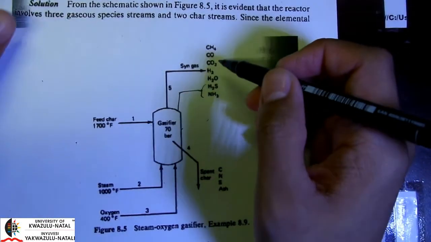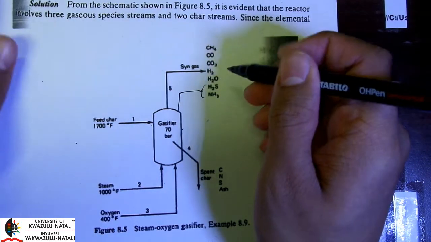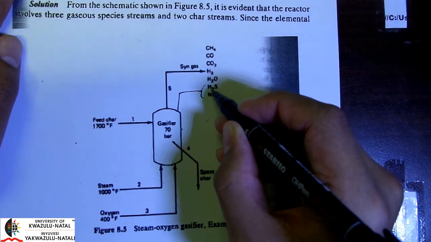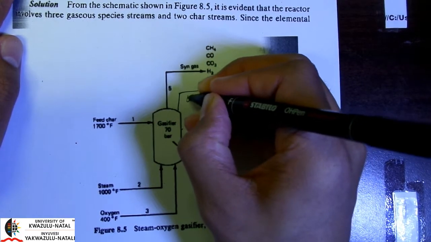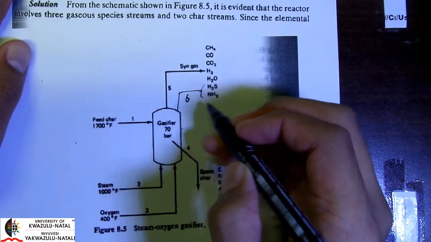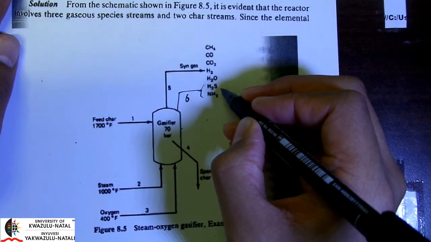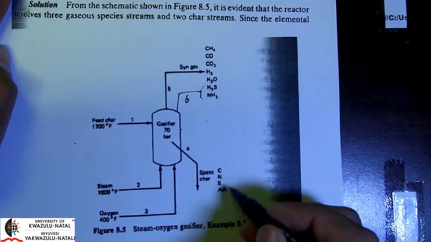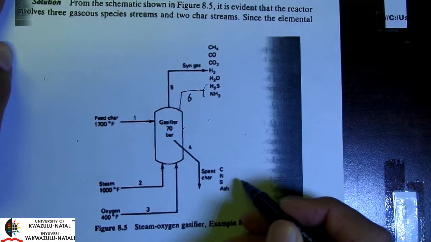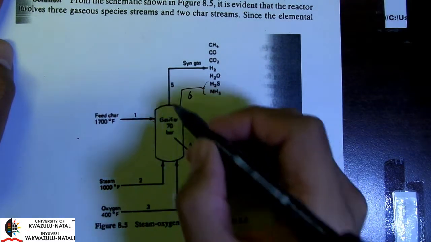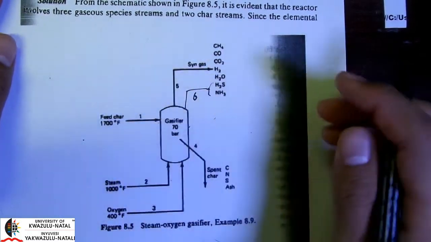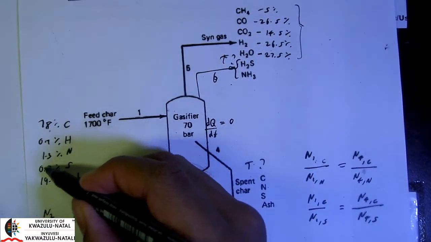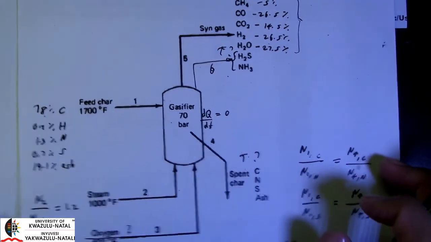So in terms of our sulfur, if we want to start with our sulfur, we have sulfur in our output here in stream 6, our fictitious stream 6, 1 mole of sulfur in 1 mole of H2S, and we also have sulfur coming out in the char as well. And we have our inputs. We have sulfur coming in with the feed char. And that's about it. That's all the sulfur there is.